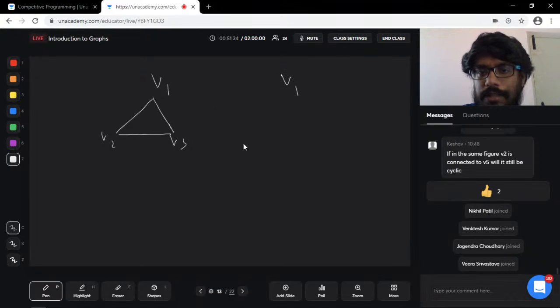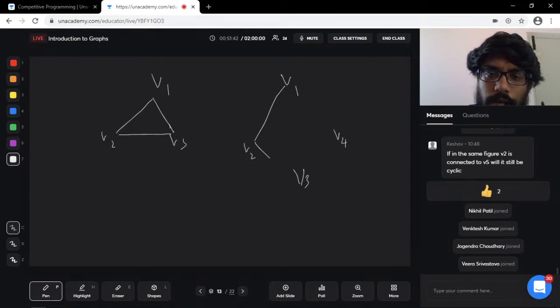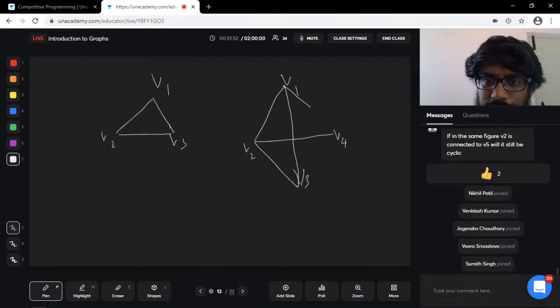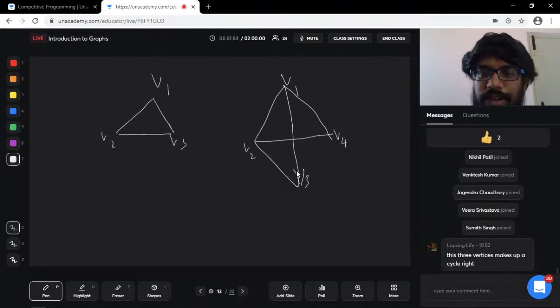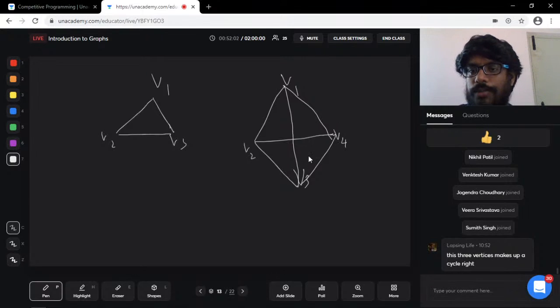Similarly, let's take another graph, and I try to add all the possible edges. From V2, these are the 3 edges possible. From V1, there's already 1 edge. This is another edge I can add, and this is another edge I can add. From V3, this edge already exists, this edge already exists, and this edge I'm adding. From V4, all 3 of them already exist.